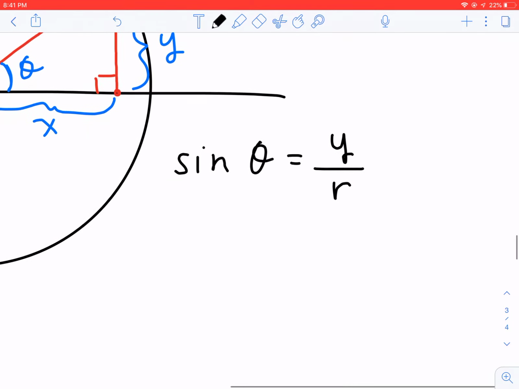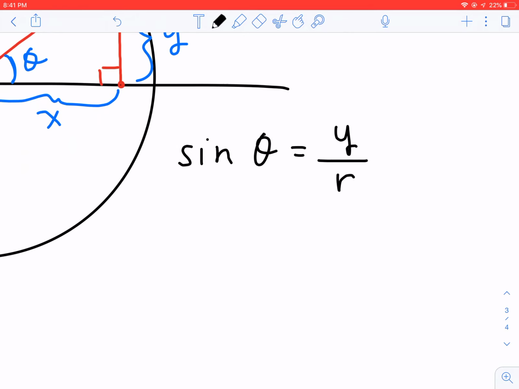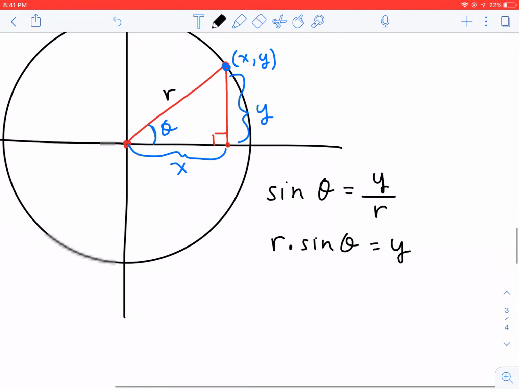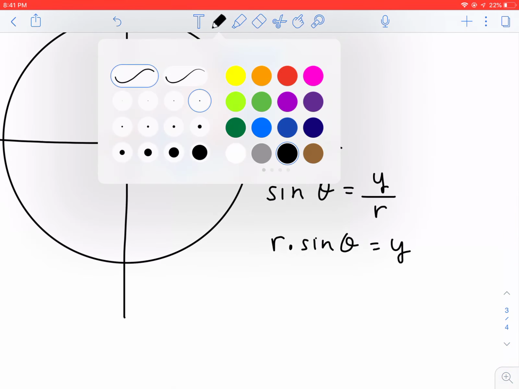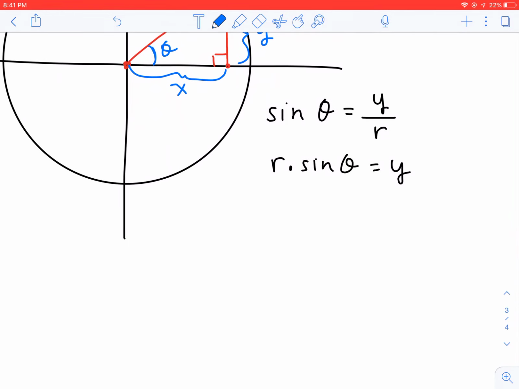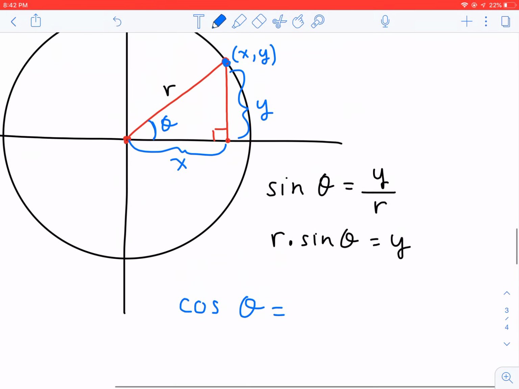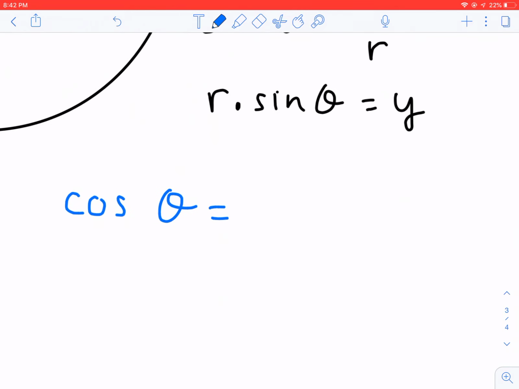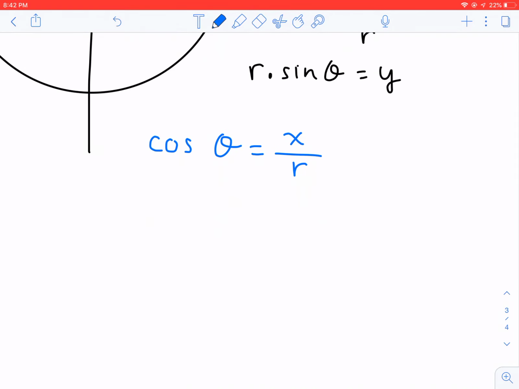And solving for y, we can say r times sine theta is equal to y. All right, let's do the same thing for cosine of this angle. Cosine of theta would be the adjacent side, which is x, over our hypotenuse, which is r. And again, solving for x, we can say r times cosine theta is equal to x.